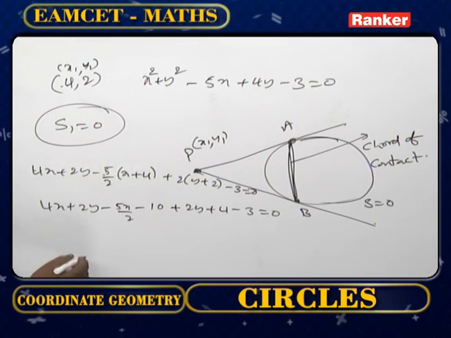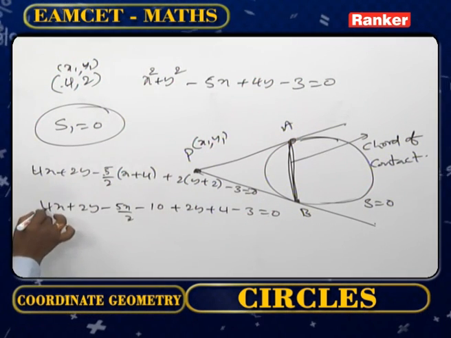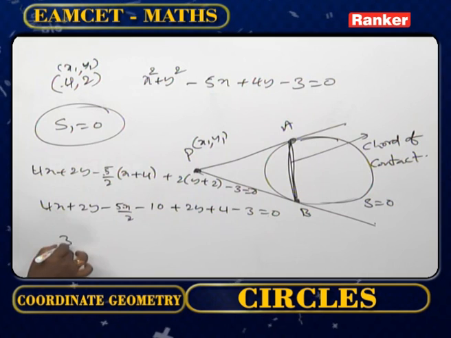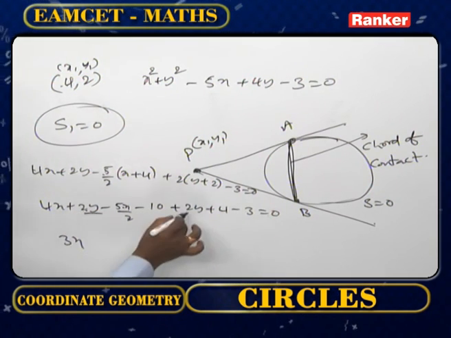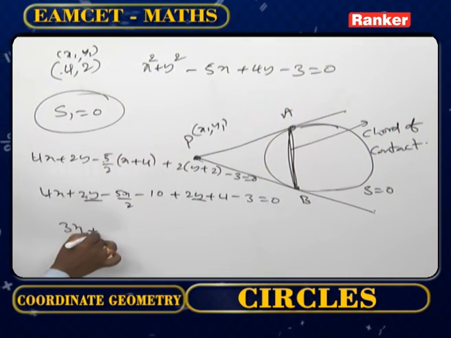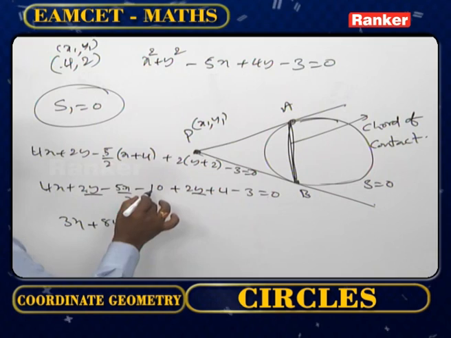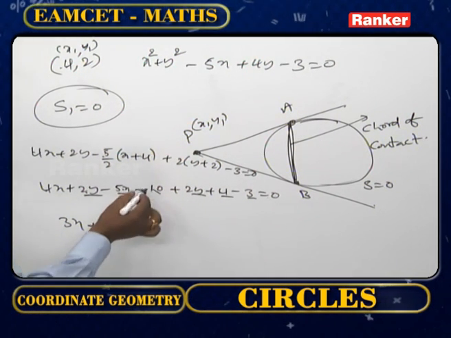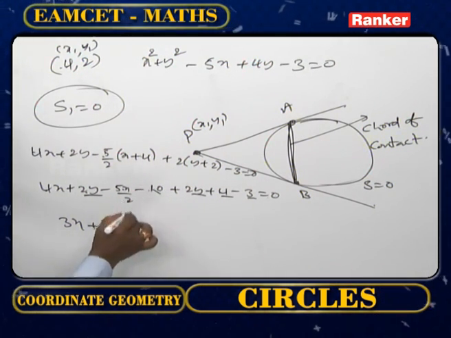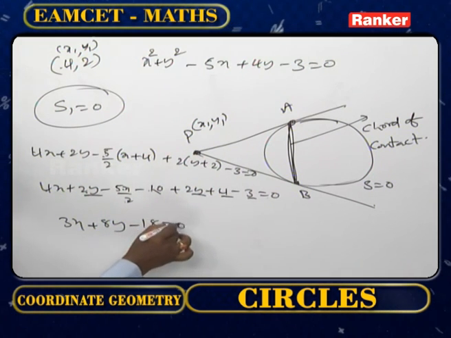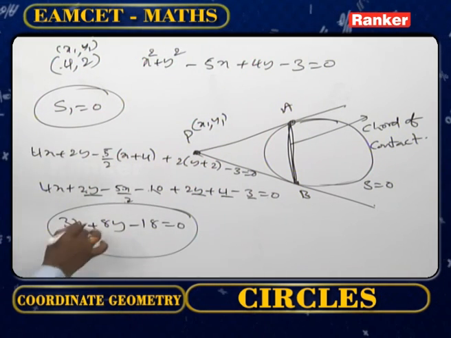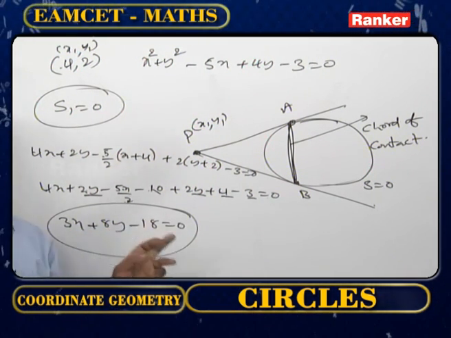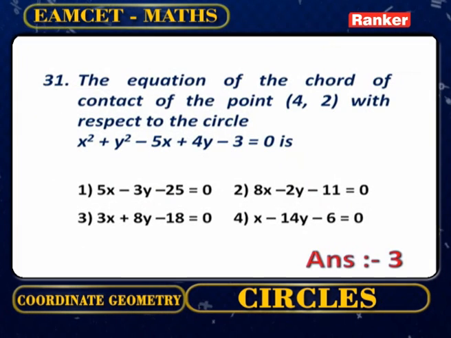Taking LCM 2, we get 8x minus 5x, 3x, plus 2y plus 2y, 4y into 2, 8y, 4 minus 3 minus 10 is minus 9 into 2, minus 18 equals to 0. Now the required equation of the chord of contact is 3x plus 8y minus 18 equals to 0. Third option.